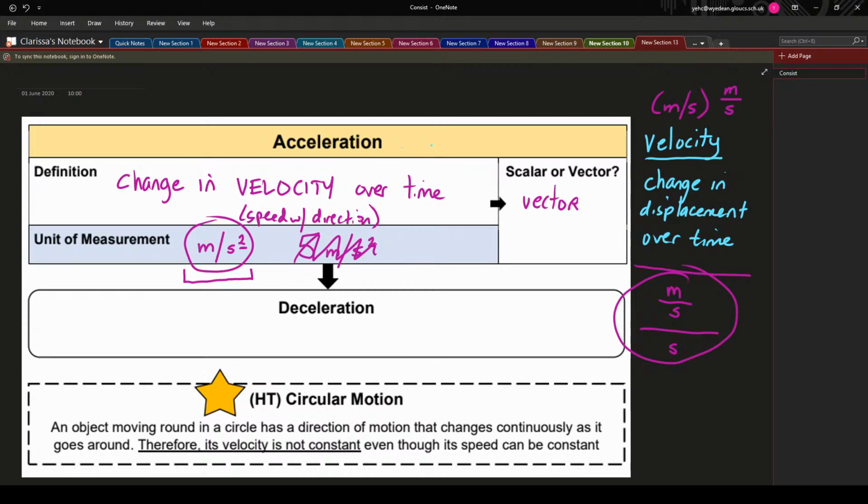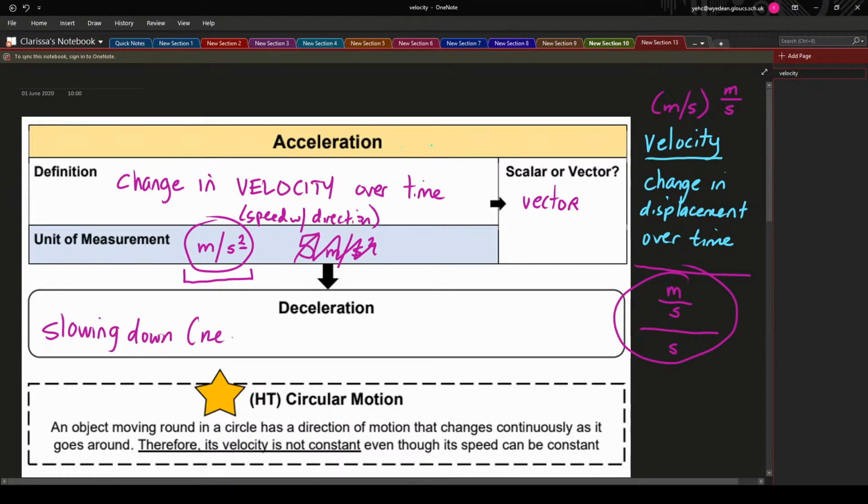The acceleration would be negative. And so deceleration is basically slowing down. And all it is, is a negative acceleration. So it's still the same thing, but a specific type of acceleration.